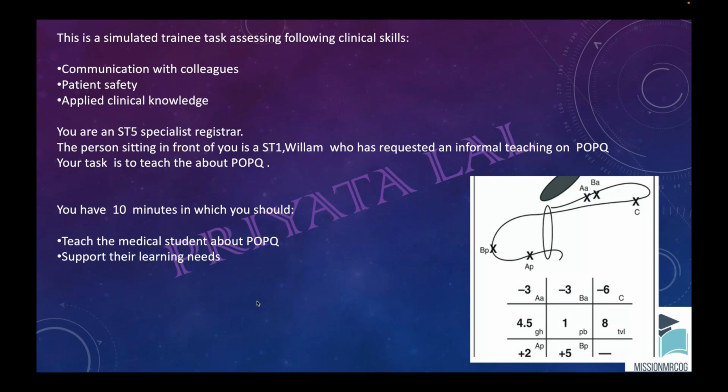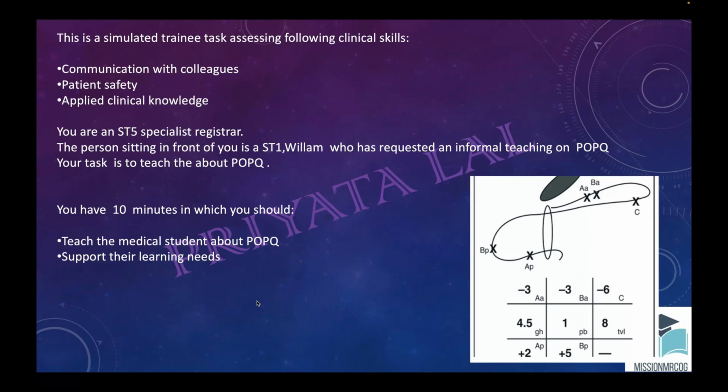So how do you define Ap? Ap is a point which lies on the posterior wall in the midline about 3 centimeters above the hymen. It should be 3 centimeters above the hymen, but now it is +2 centimeters below the hymen.